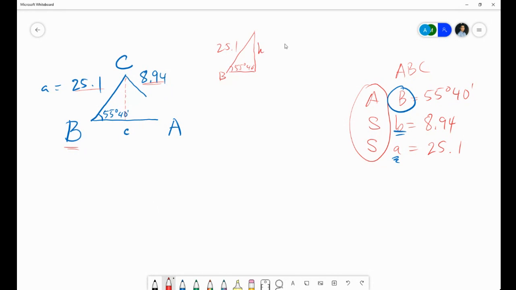Can you find this height? That's very easy, right? That's just the law of sines. Sine of 55°40' equals the opposite, which is the height, divided by 25.1, which is our hypotenuse. So h is equal to 25.1 times sine of 55 degrees and 40 minutes.